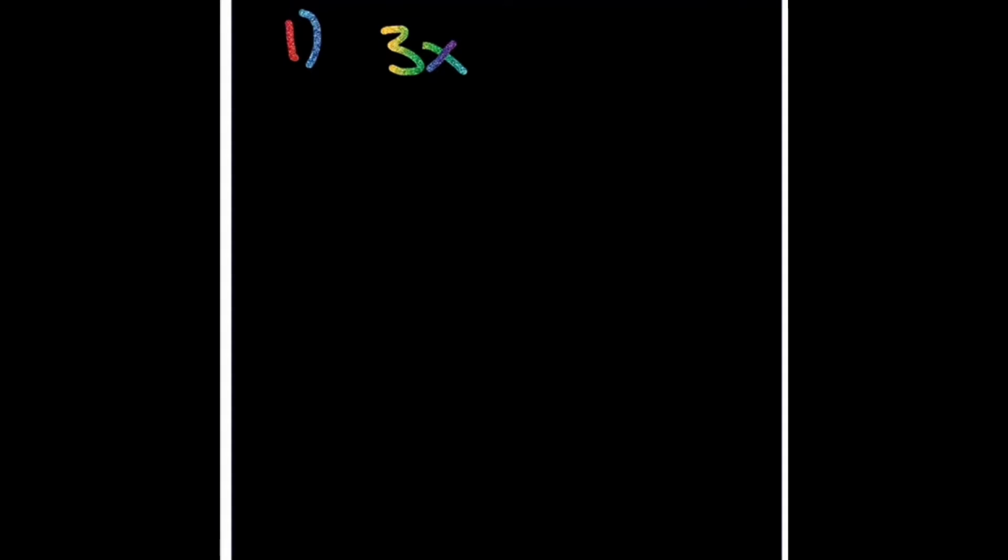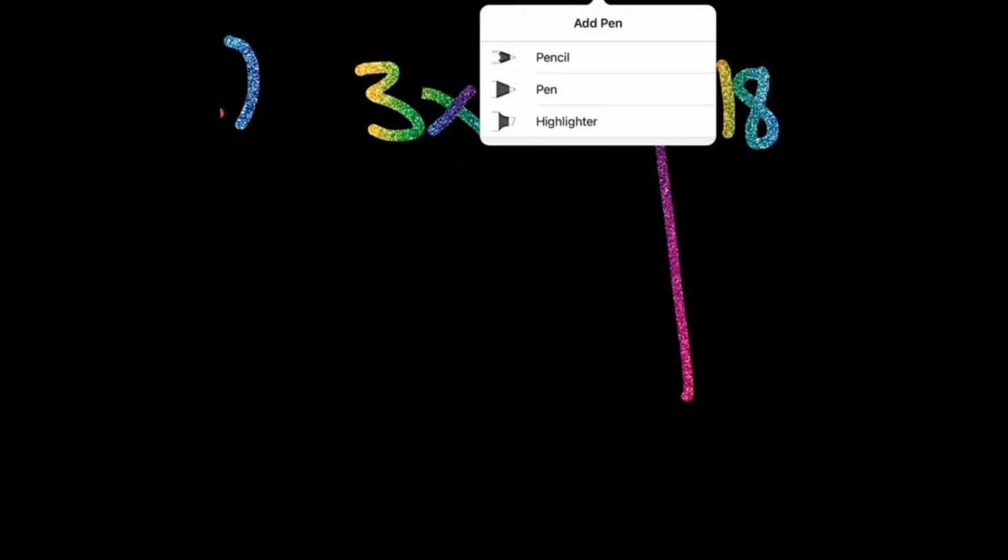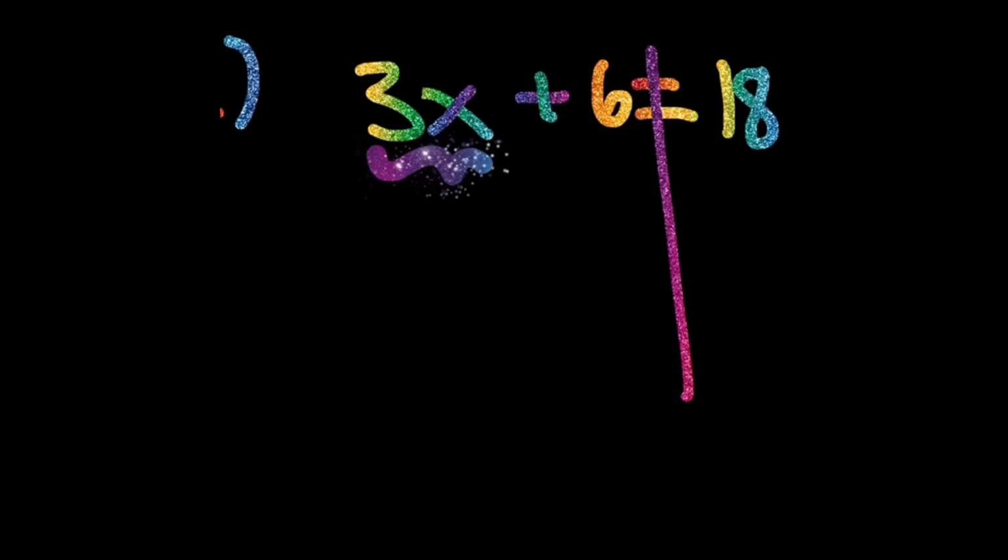3x plus 6 equals 18. Now, we have two operations, so where do we start? Right over here is multiplying.